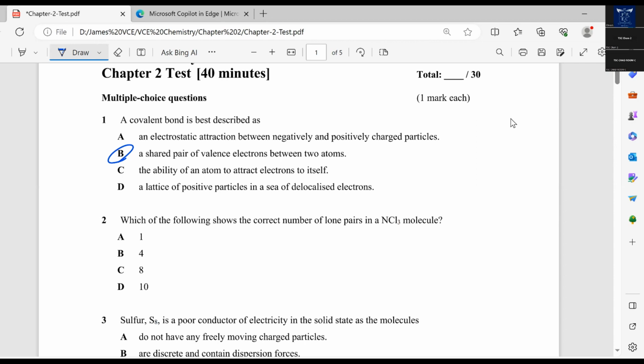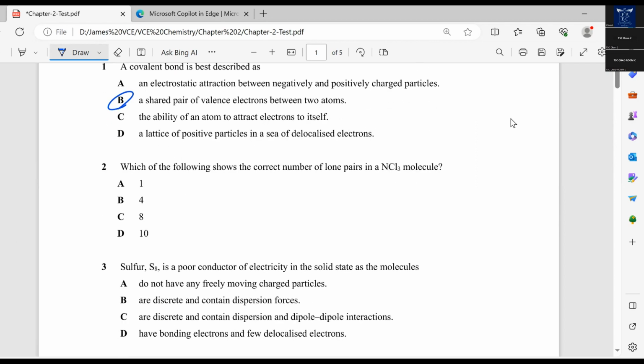Which of the following shows the correct number of lone pairs? I think some of you didn't look at the number of lone pairs. Because your nitrogen will be combining with 3 Cl, in this case it will be sharing one electron each.